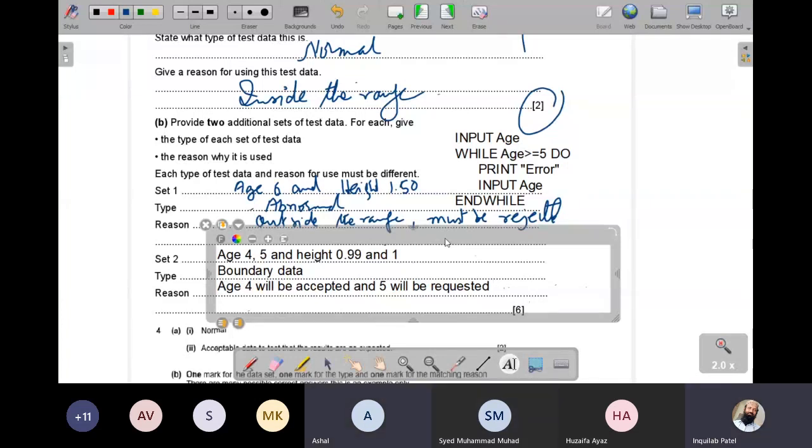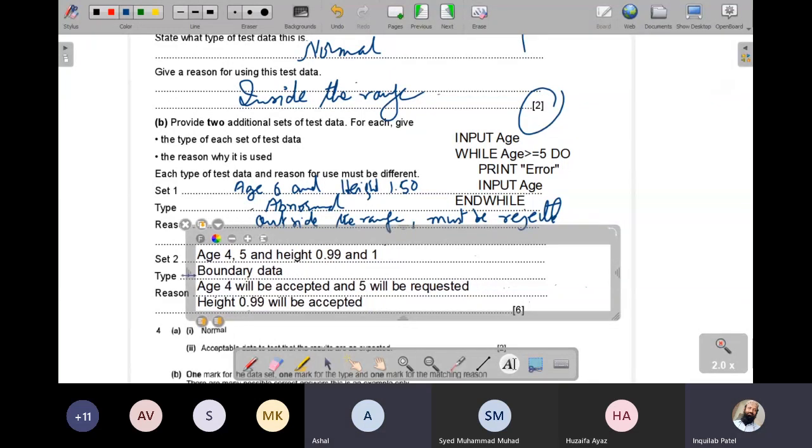Okay. Age 4 will be accepted and 5 will be rejected. Height 0.9 will be accepted. Means we have solved our question, we have written our answer according to our question.